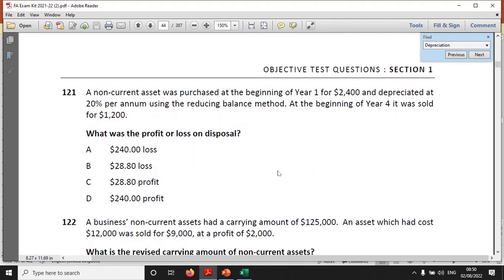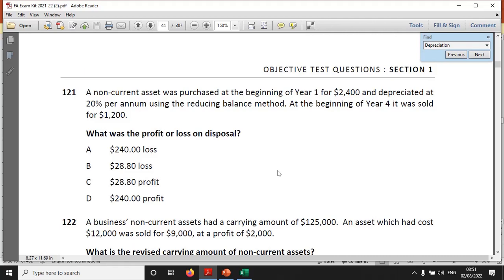A non-current asset was purchased at the beginning of the year for how much? 24. Depreciated at 20% per annum using the reducing balance. I like this type of question because they're simple. I hope they can be simple for you as well, because you're the one who's going to write the exams. At the beginning of year 4, it was sold for how much?